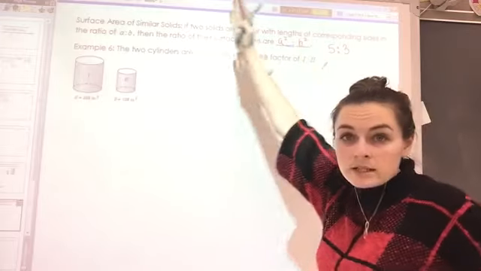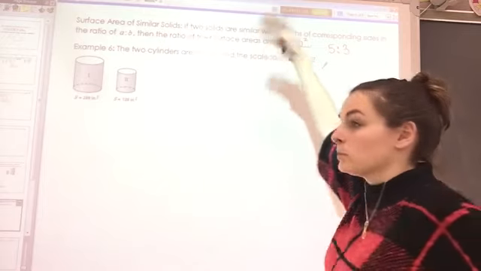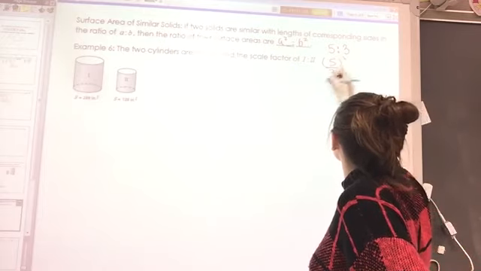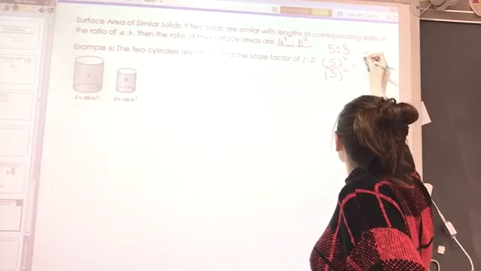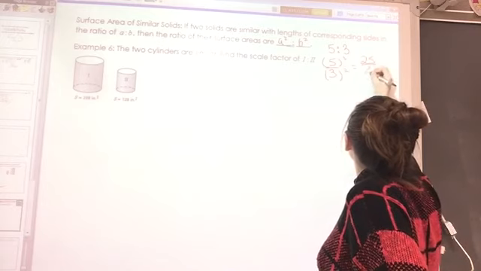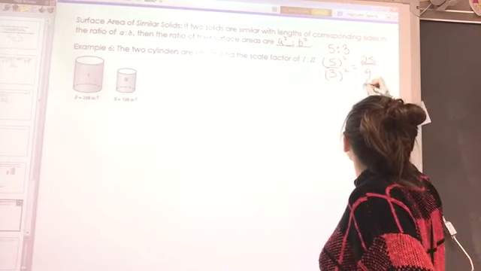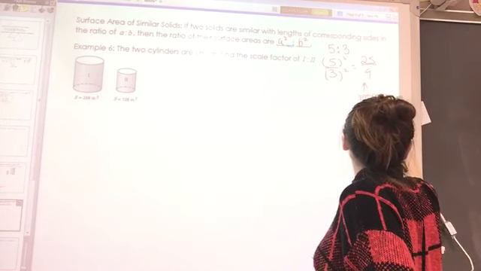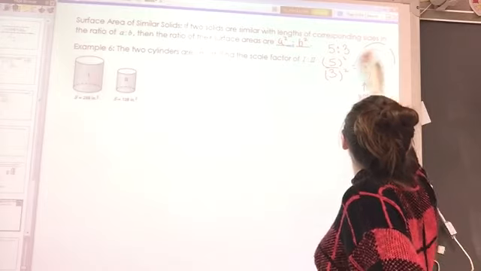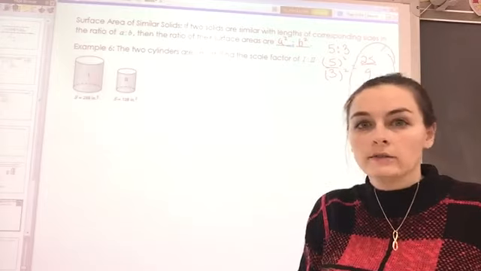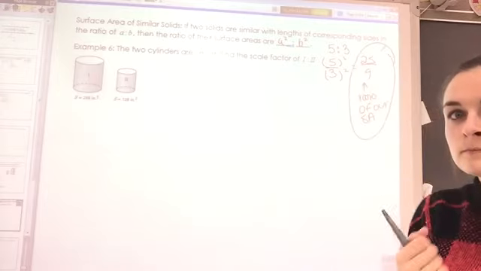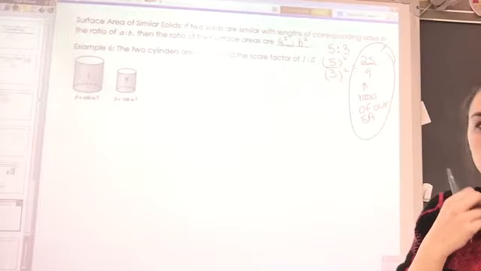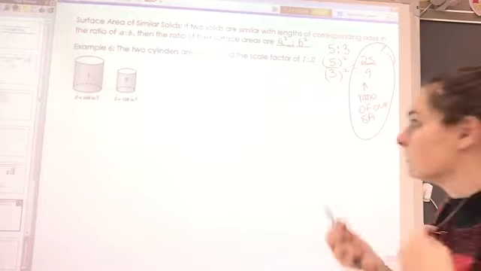Again, kind of like what we did on our first example, all we need to do is square the ratio of those sides. So if I have 5/3, I need to square the ratio of those sides, and that would be 25 over 9. So this is actually the ratio of our surface area. And again, make sure you have your units. Okay? So just to clarify, that's exactly what we're talking about. We're talking about the ratio of the surface area.